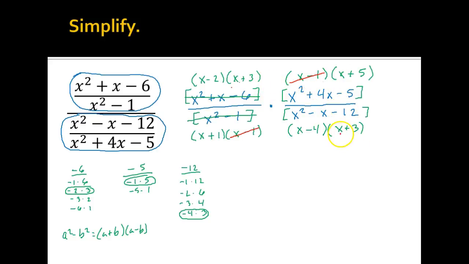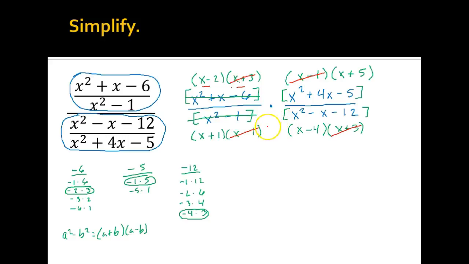And so we kind of could guess that one of those was going to be a factor. And the only real choices would have been x minus 2 and x plus 3. So we could have just kind of tried them if we wanted to and see which one works. But again, I think my methods kind of trump those.